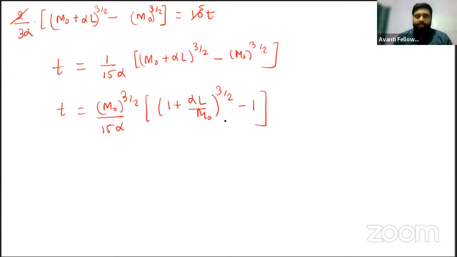Now, if you apply the binomial expansion for smaller values, exactly this is the answer.